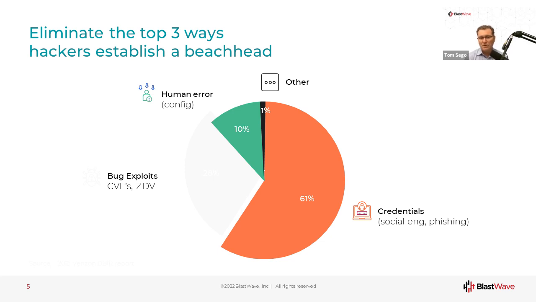But then there's also this third area, which is really hard to get your head around, which is human error. And frankly, the 10% may be understating this, because this was just related to configuration errors. But humans, either trying to work around controls or just trying to figure out how to implement something, oftentimes inadvertently create holes that hackers can then exploit.